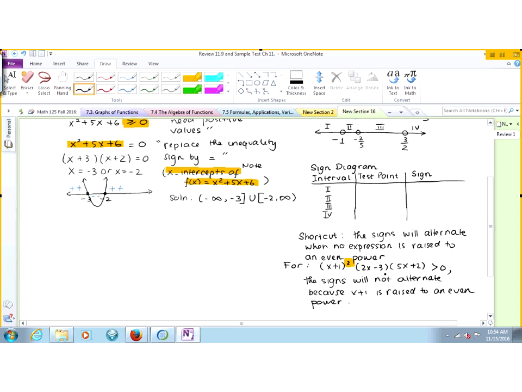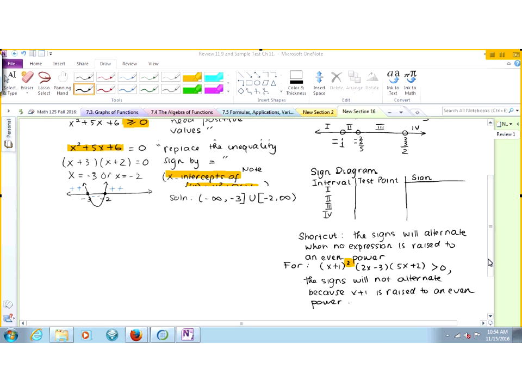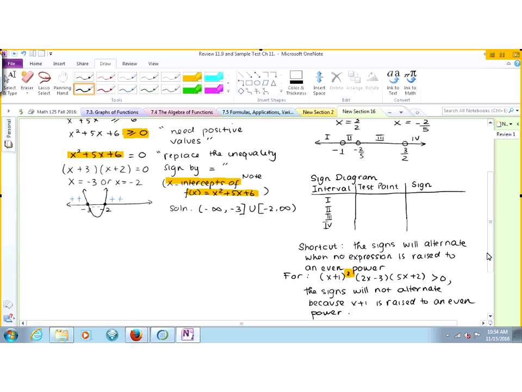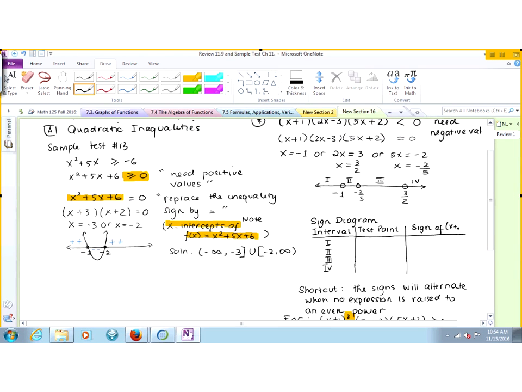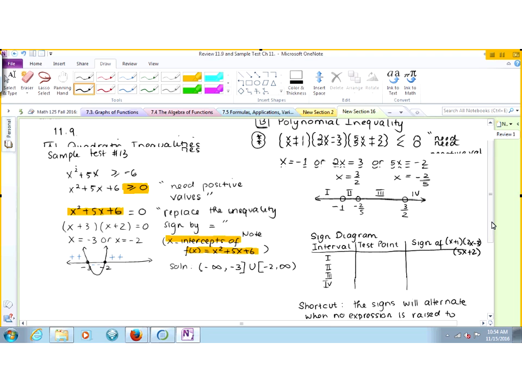So it doesn't work if I have a square here, or a square anywhere, or a 4th power. What about if it is cubed? It doesn't matter. It still alternates. So this is the sign of x plus 1 times 2x minus 3 times 5x plus 2. All right. Okay, are we okay so far?